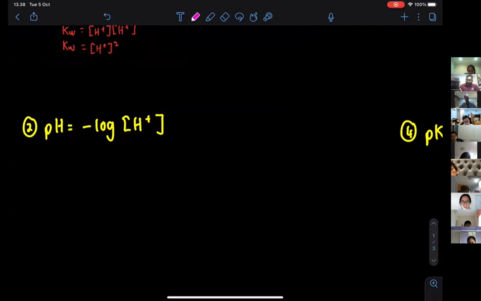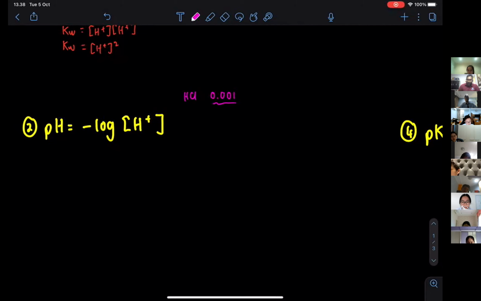Just take, for example, the concentration of HCl is 0.001. This is a very small number. Rather than just writing it as a concentration of 0.001, they came up with a way to make the number look more presentable, to make it look nicer.